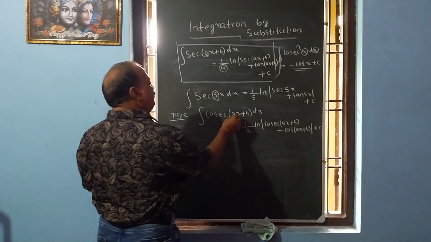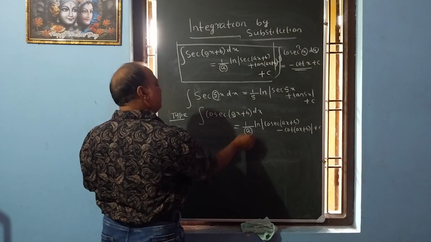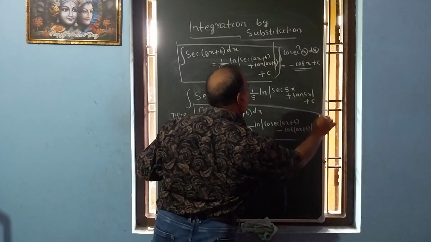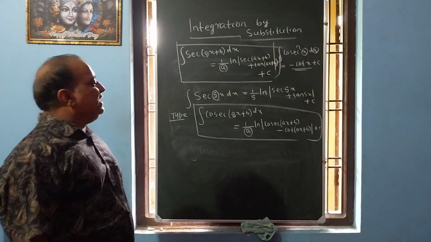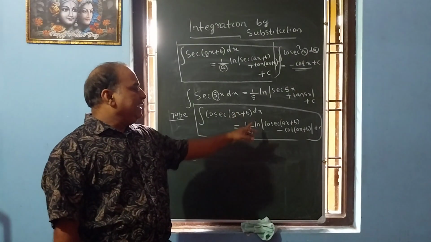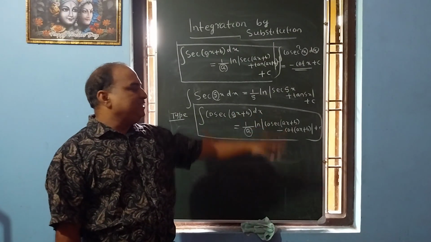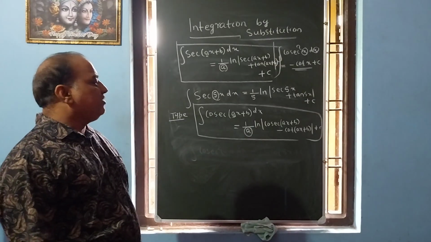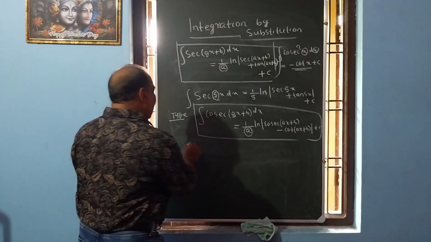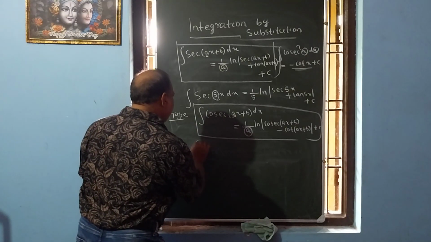Here the coefficient of x must be divided. You remember this formula: integration of cosec (ax plus b) dx is 1 by a ln of (cosec (ax plus b) minus cot (ax plus b)) plus c.